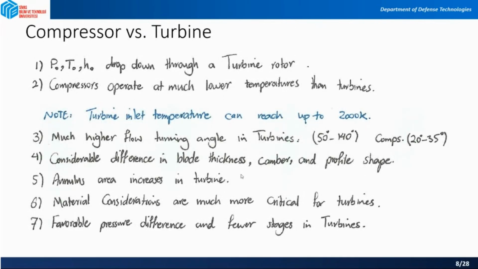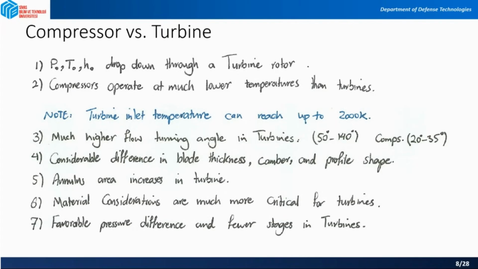Now we want to just compare the compressor and the turbine and see what is the difference between these two in this slide. So the first thing is that your total pressure, total temperature, and total enthalpy all drop through a turbine rotor. The compressors operate at much lower temperatures than turbines.